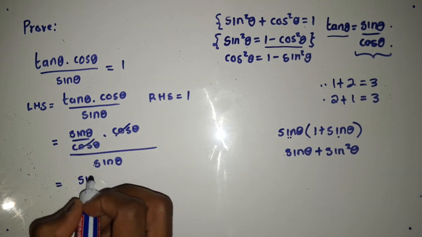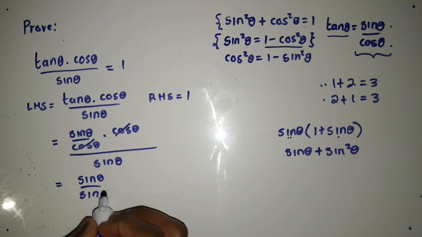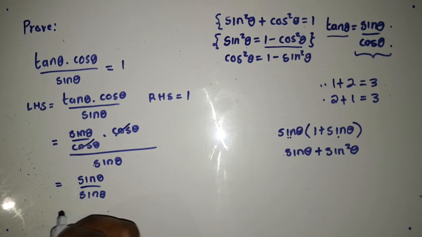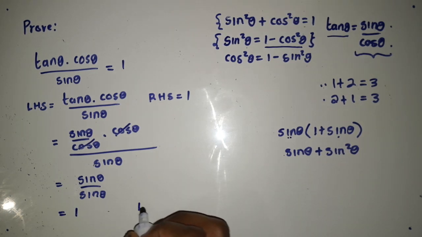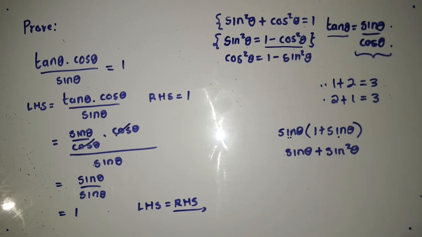With sine theta divided by sine theta. Sine theta divided by sine theta, we get 1. You see? Then let us conclude by saying the left hand side is equal to the right hand side. Then at this point we have managed to solve our problem.